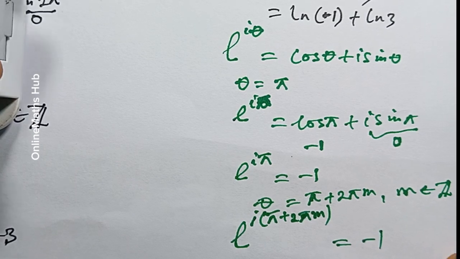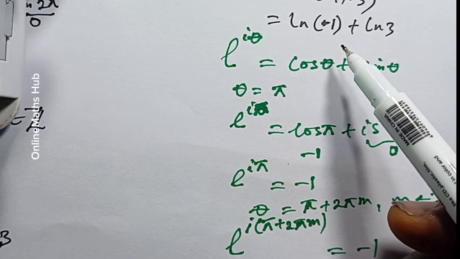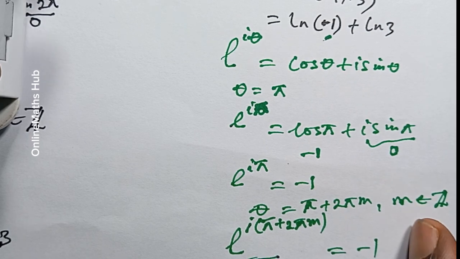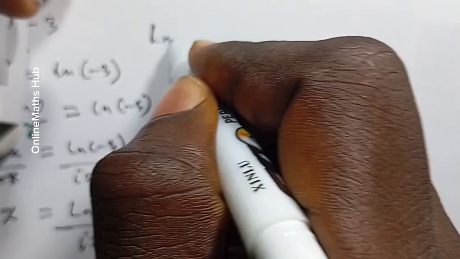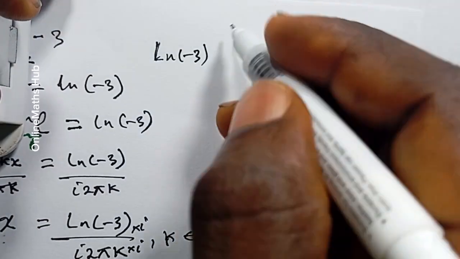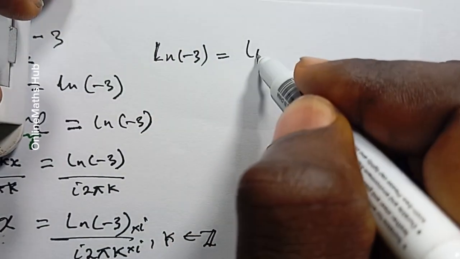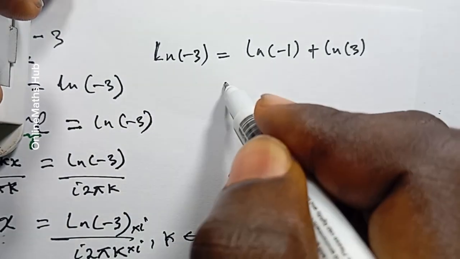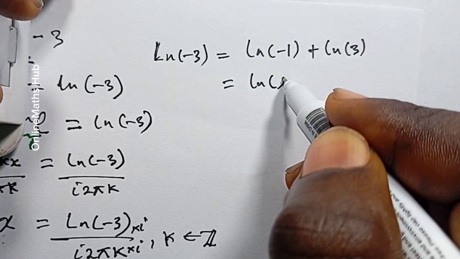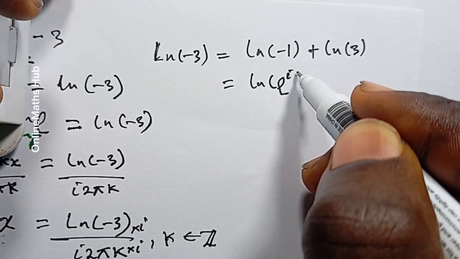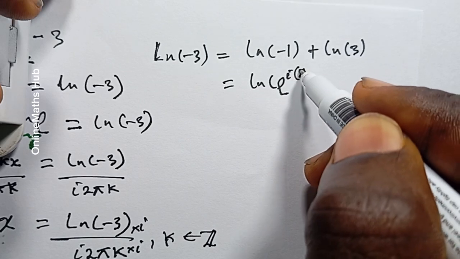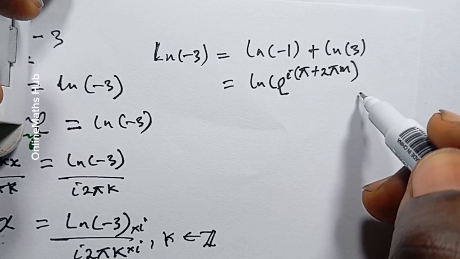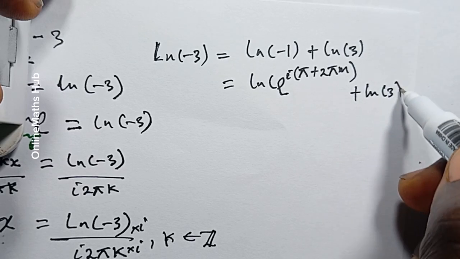minus 1. So in place of this minus 1 you see over here, we're going to be replacing it with this function right here. If we do that, natural log of negative 3, which we got to be equal to natural log of negative 1 plus the natural log of 3, we can now write as the natural log of exponential i, pi plus 2 pi m, then plus the natural log of 3.